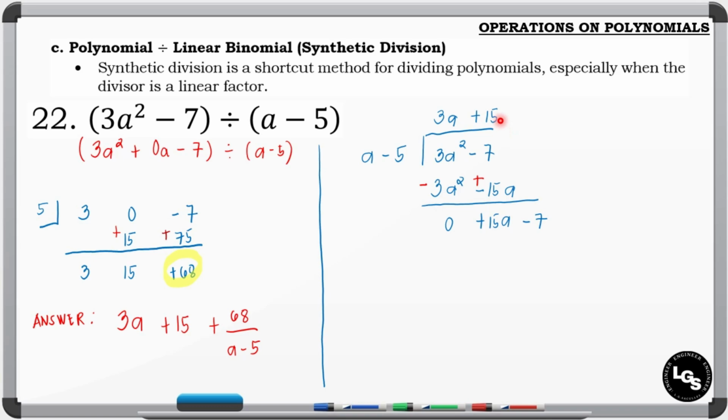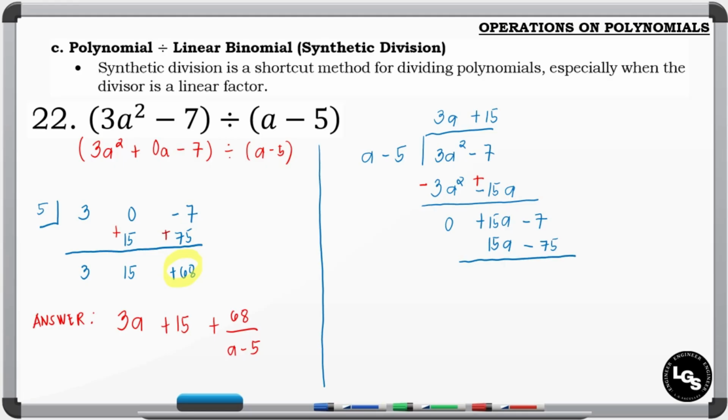So next, multiply 15 times a. So that is 15a. Then 15 times negative 5, so that is negative 75.